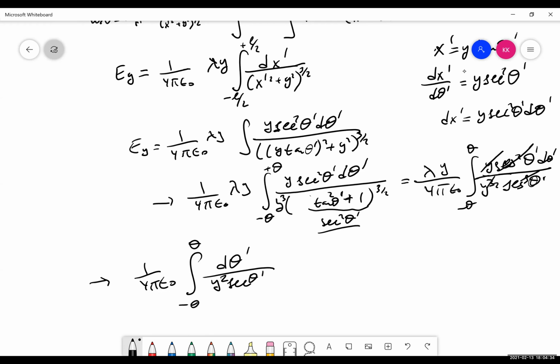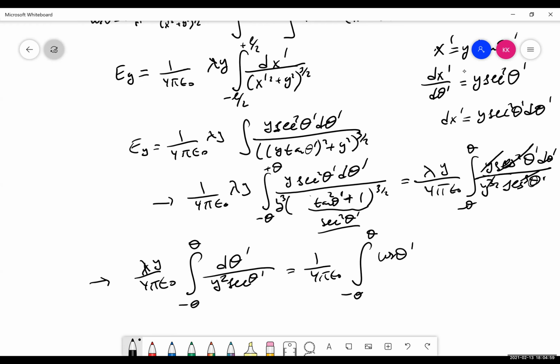And then what I end up with here is this: 1 over 4 pi epsilon naught from negative theta to theta. I have 1 over secant theta, and hopefully you remember 1 over secant theta equals cosine of theta. But then I have 1 over y squared, which is just a constant, so I can remove that.